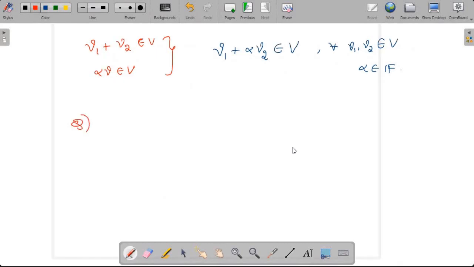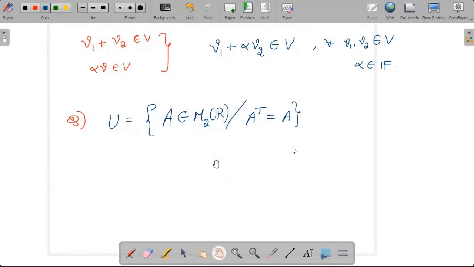Okay, so let me illustrate with an example. For example, let me take the set of all symmetric matrices. I'm taking symmetric matrices of size 2. So let me assume my set U is the set of 2 by 2 matrices with real entries such that A transpose equal to A. So this is the definition for a symmetric matrix, and I'm taking the set of all symmetric matrices here.